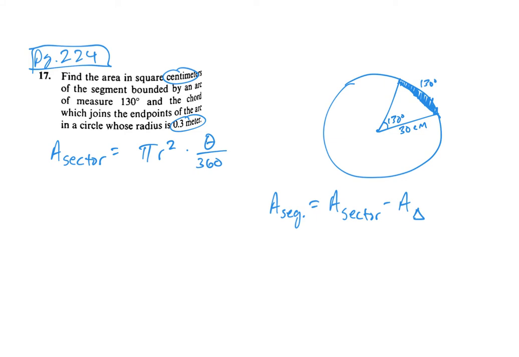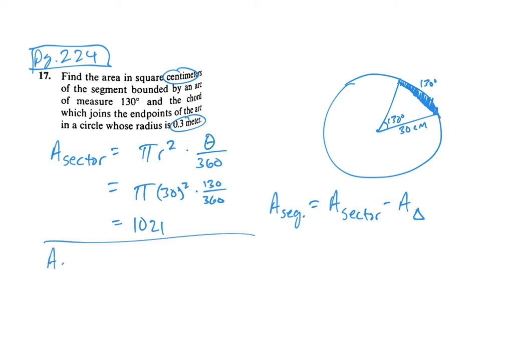If they gave me radians, I would put the radians they give me over 2 pi. All right, so then I've got pi times 30 squared times the degrees that I'm given over a full circle. And I'll put that in my calculator and get an answer. I got about 1021.017, so about 1021.